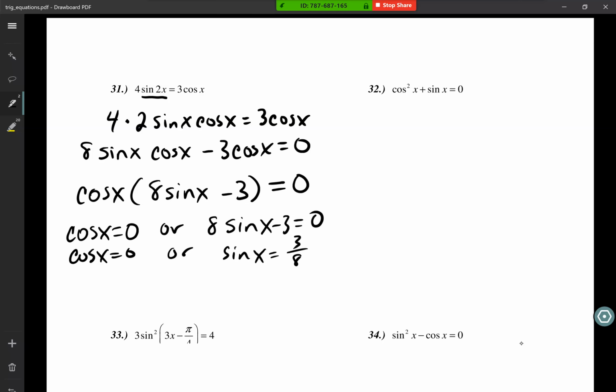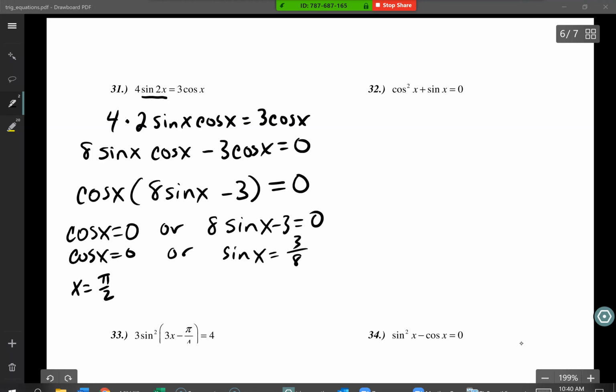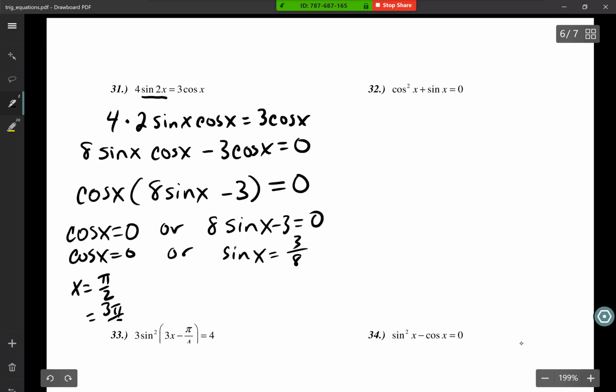Now the first one we can solve like we've been doing because we know when cosine is equal to 0. We talked about that earlier, 20 minutes or so ago. X could be pi over 2. X could be 3 pi over 2. Those are the two places between 0 and 2 pi where the cosine is 0.